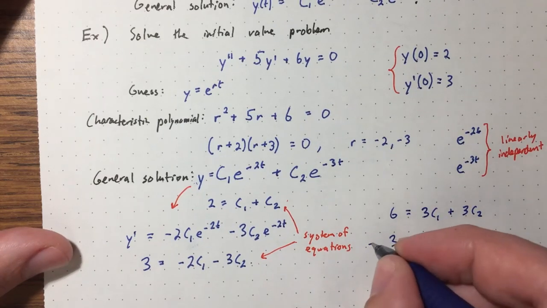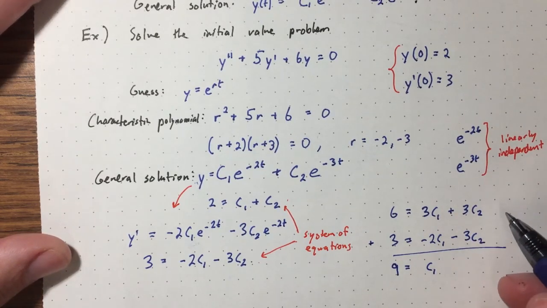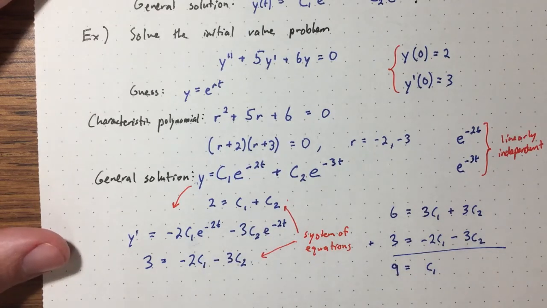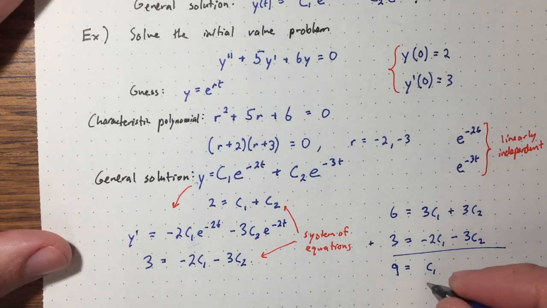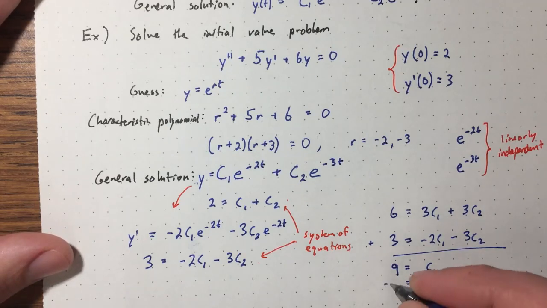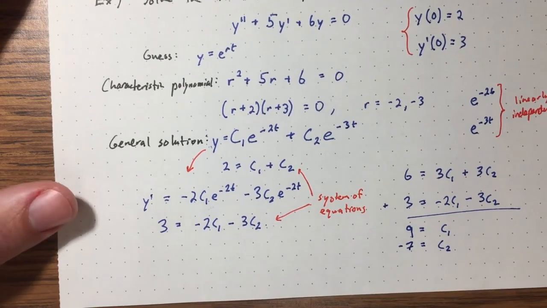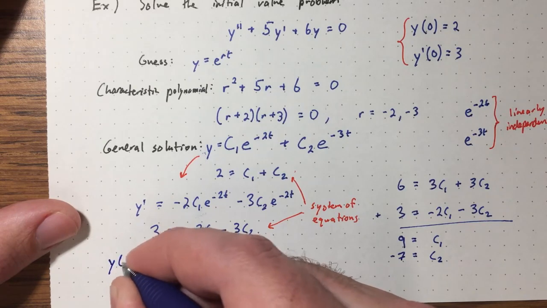Now c2, what does that have to be? Well, 9 plus c2 is 2, so c2 is negative 7. Great. So what is my solution to the initial value problem?